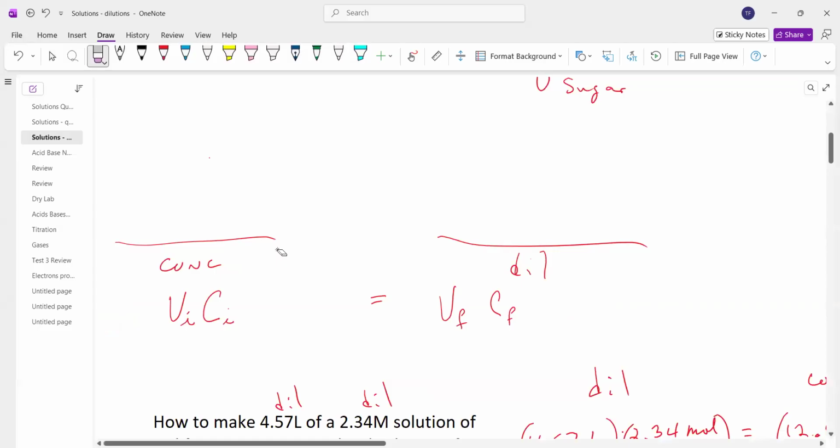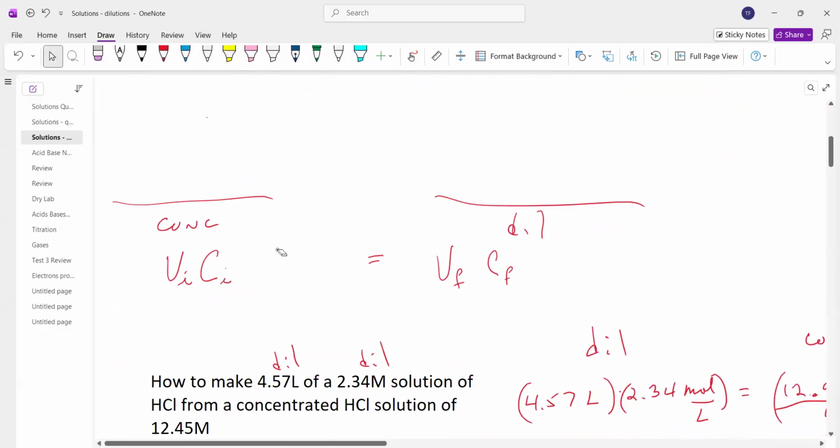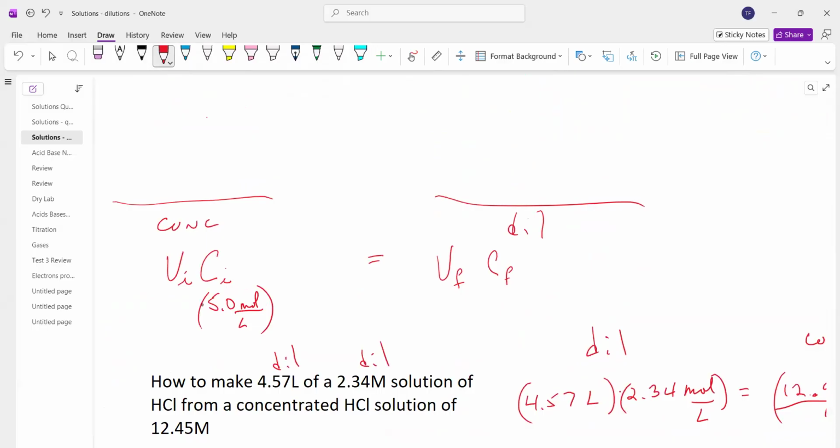We've got the initial volume, question mark. We know the initial concentration is 5. We know the final volume is 5 liters at 2 moles per liter.